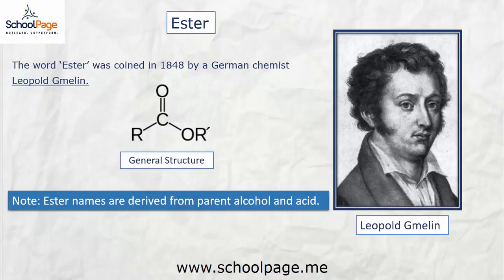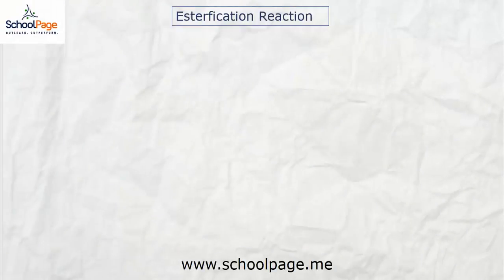Now let's study the manufacturing process of ester, which is also called esterification. So let's write the reaction in the equation form. Here we are using ethanol, the alcohol, for the reaction with ethanoic acid, the carboxylic acid.